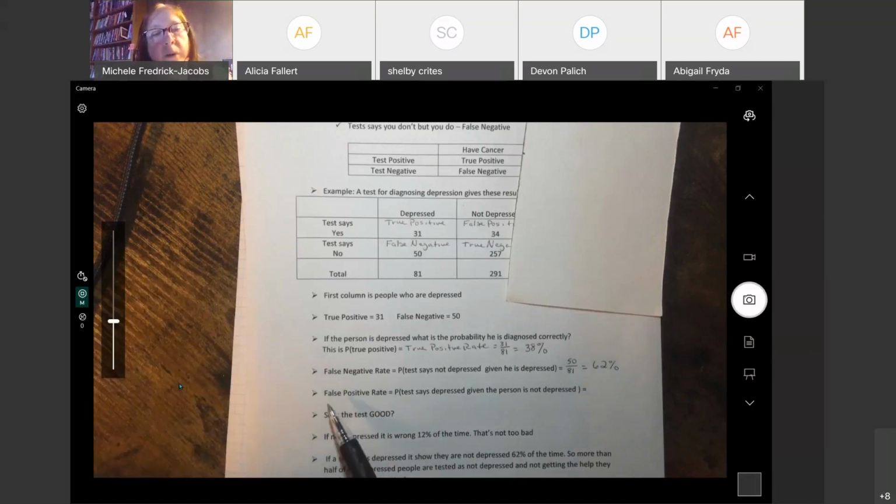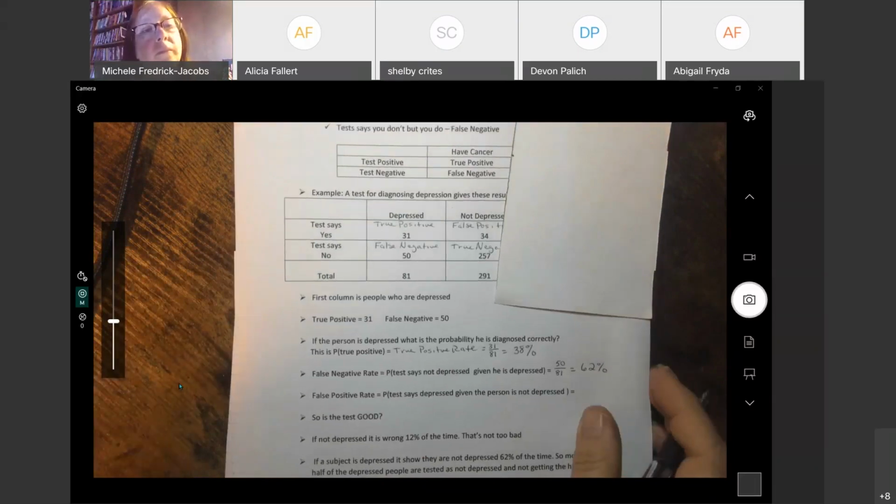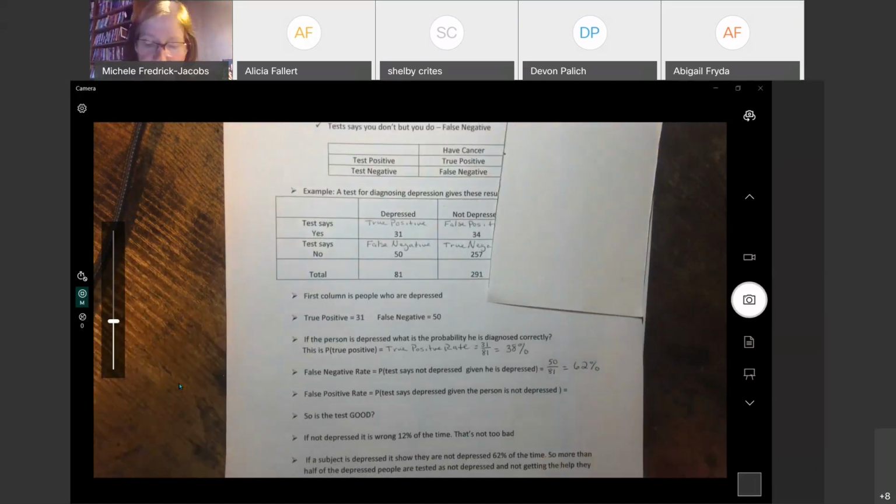Go ahead and find the false positive rate. That's the probability that the test says you're depressed given the person is not depressed. So a false positive rate. When you find the percent, go ahead and type it in the chat or say it out loud.